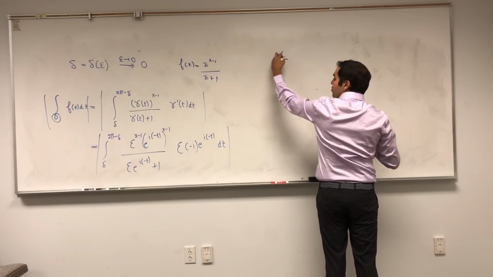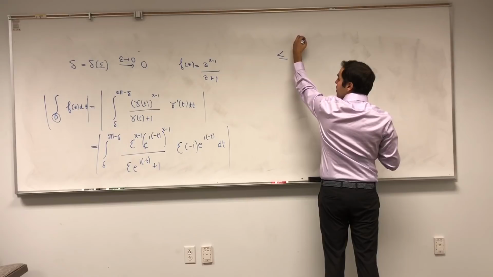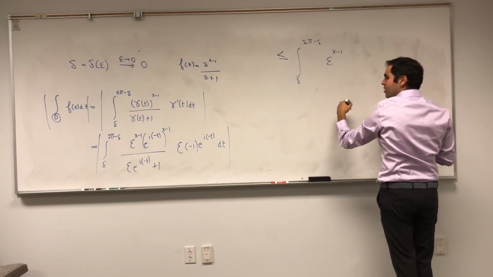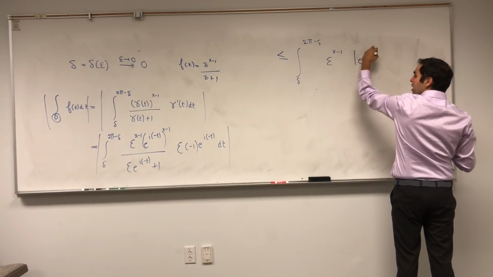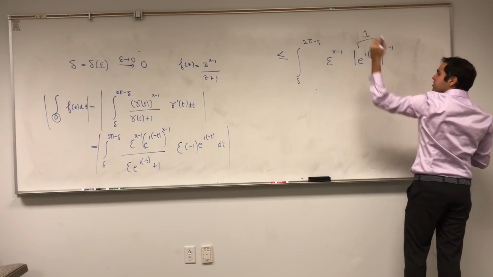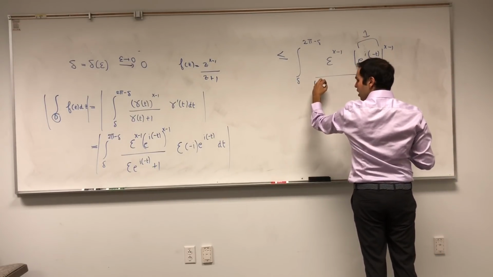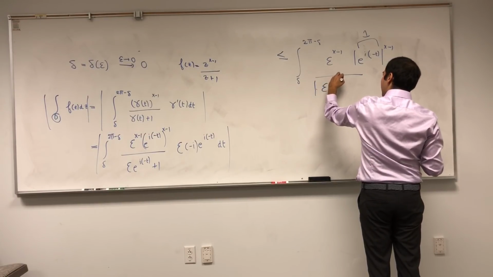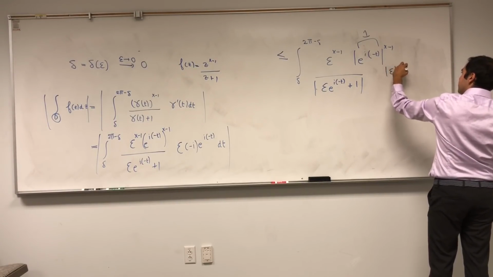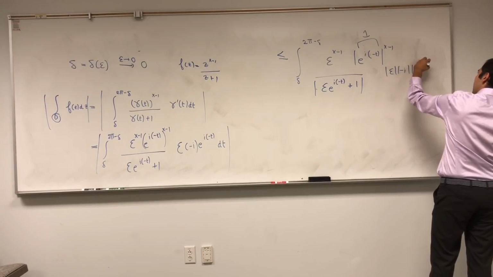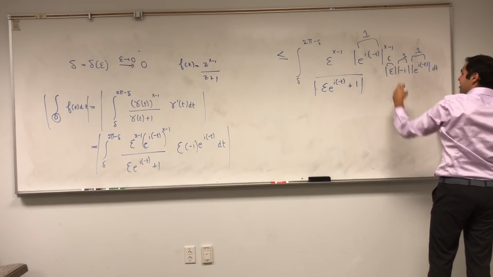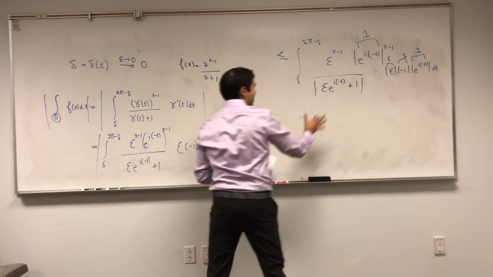So that's less than or equal to the integral from delta to 2 pi minus delta of, absolute value, so epsilon to the x minus 1, absolute value of e to the i minus t to the x minus 1, but e to the i real is 1, so this is 1, over the absolute value of epsilon e to the i minus t plus 1, and then the absolute value of epsilon, the absolute value of minus i, the absolute value of e to the i minus t dt. Well, that's 1, that's epsilon.